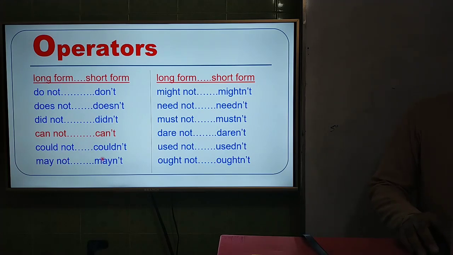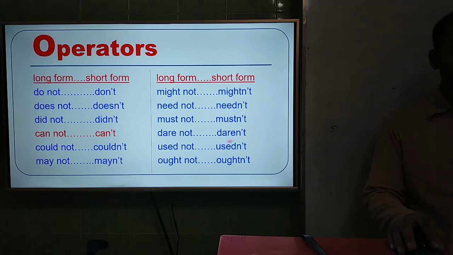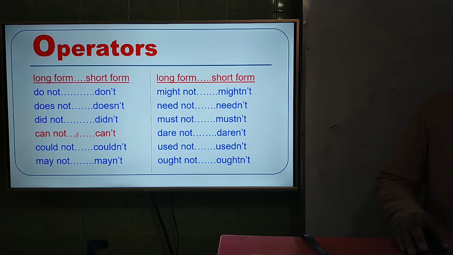Then could not will be couldn't, may not will be mayn't, might not will be mightn't, need not needn't, must not will be mustn't, dare not will be daren't, used not usedn't, and ought not oughtn't. Dear students, these are operators, and these operators will be used to make tag questions.